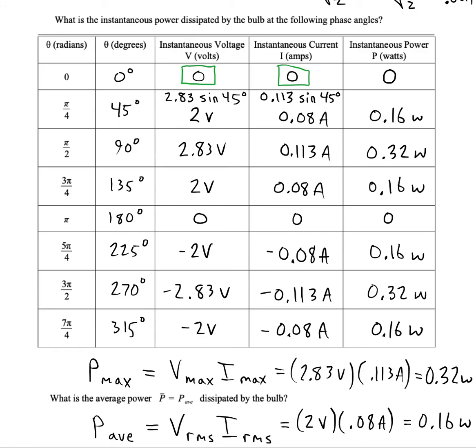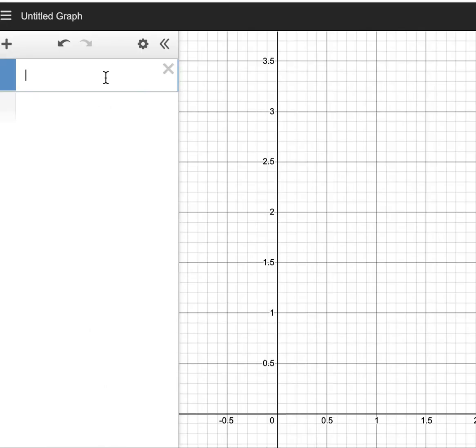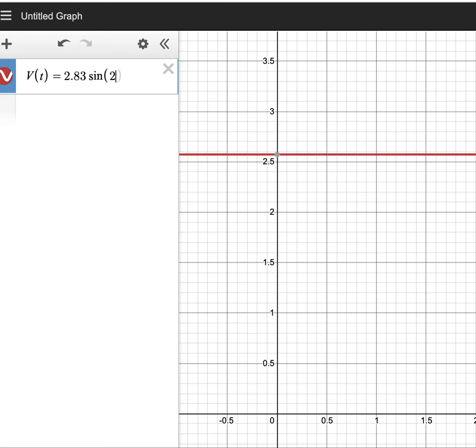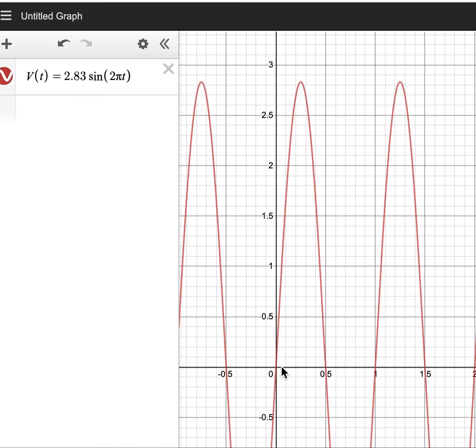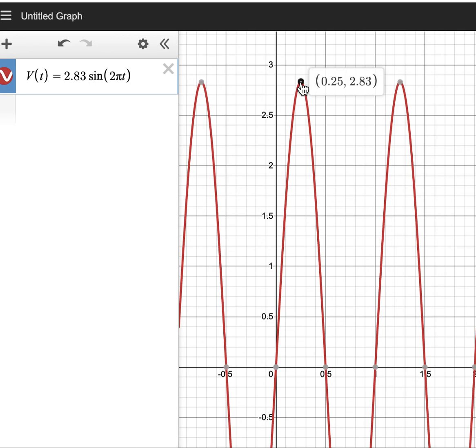Let's take our graphs to Desmos and see what they look like side by side. All right, first of all, we have the voltage function. Our cycle should have a maximum of 2.83 volts, which it does.